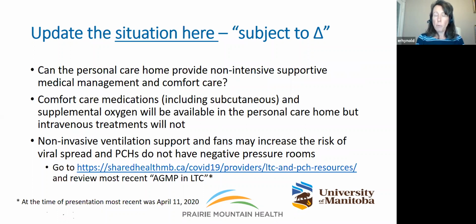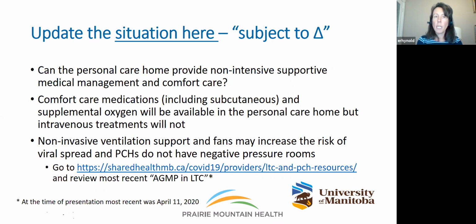Another important part of the situation here is what can our personal care homes do as far as supporting non-intensive medical management and comfort care? Again, this is subject to change, but based on our current situation, comfort medications, including subcutaneous medications, are available, and pharmacy is working very hard to ensure that we have the supplies in case there's a surge in cases in any geographic location, and they're developing backup plans for supply.